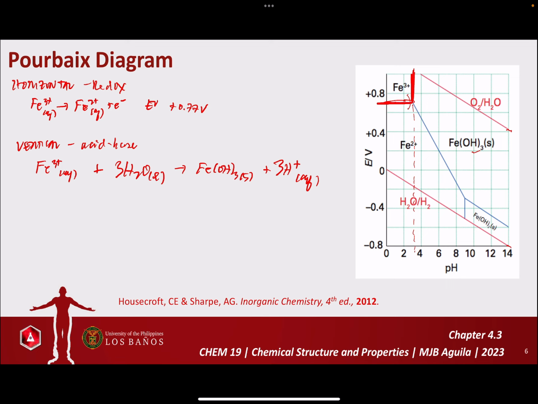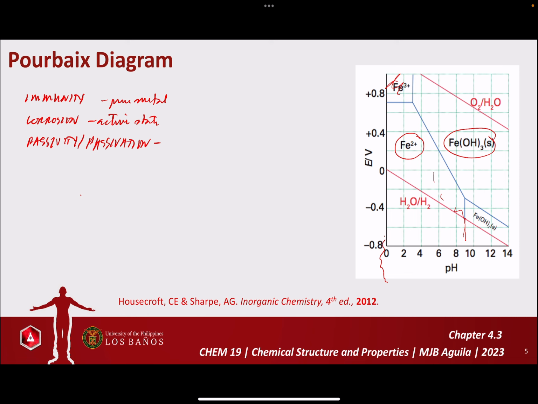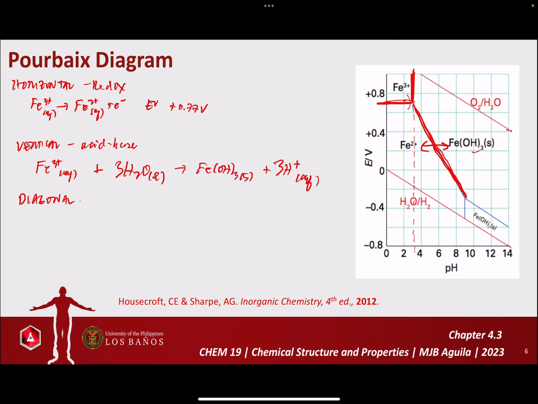And then we have the diagonal or the slant or the sloping lines. This one. If you check, for example, between these two, clearly we have both redox and acid-base reaction that are in interplay.